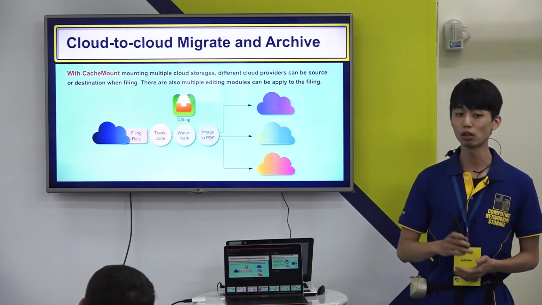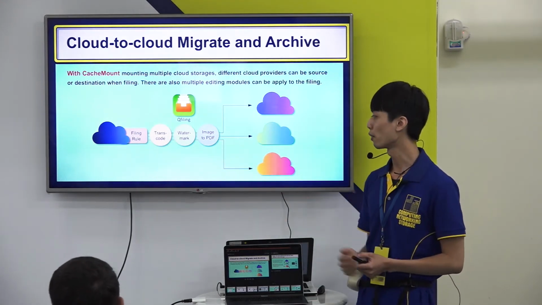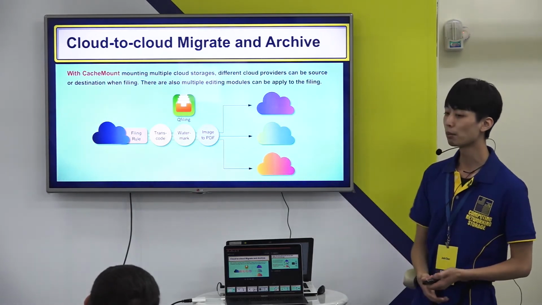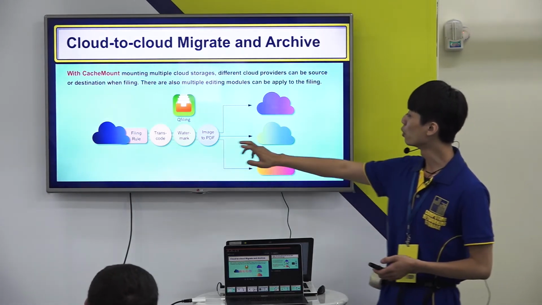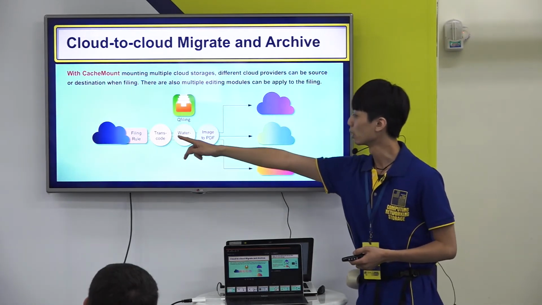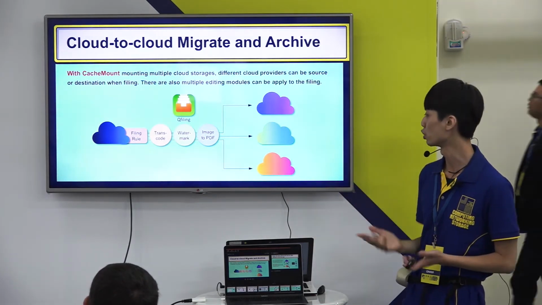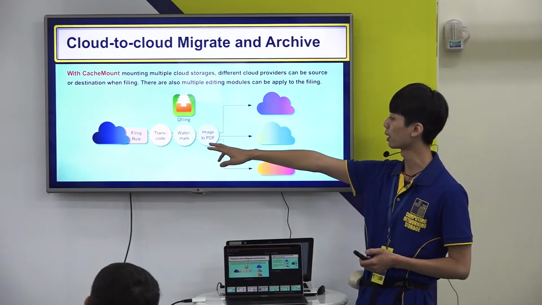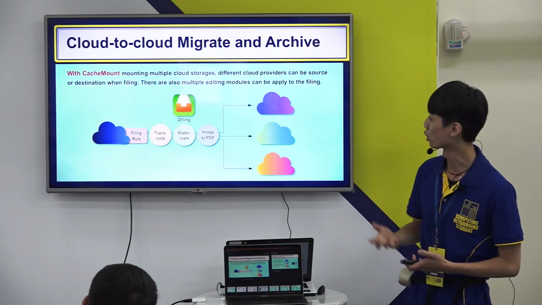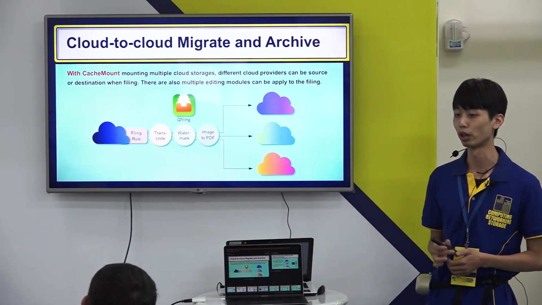And there is also a powerful function Qfiling provides, which is the filing rule. You can set up the filing rule, and Qfiling will help you filter your source data. For example, I can move the pictures in this source path to AWS S3 for AI machine training, and I can transfer my documents to Google Drive for collaborative editing. So Qfiling can help you easily move your data to different cloud storages.